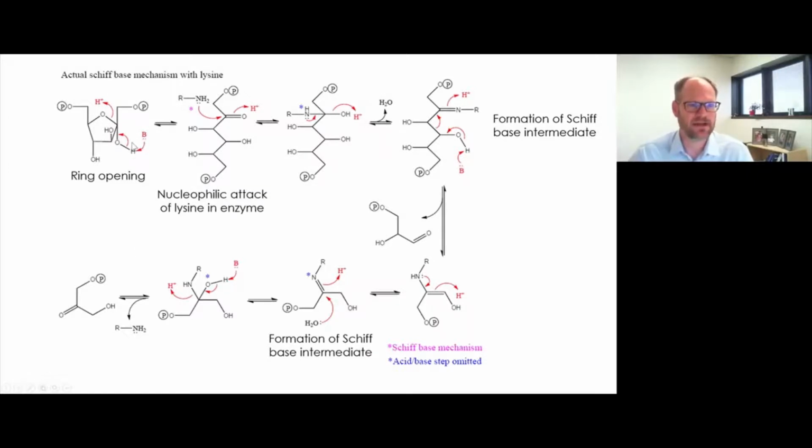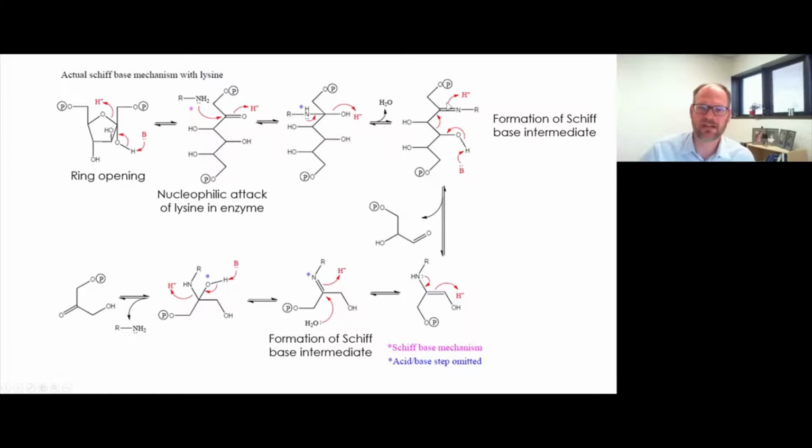It does start with the base abstracting the hydroxyl proton again here, opening the ring. But one of the differences is it progresses through a Schiff base intermediate, in which a catalytic lysine serves as the nucleophile that attacks this carbonyl. And then after it's formed this tetrahedral intermediate, the nitrogen has an extra set of electrons that can form another double bond here. That results in the loss of the water and this Schiff base, which is the intermediate.